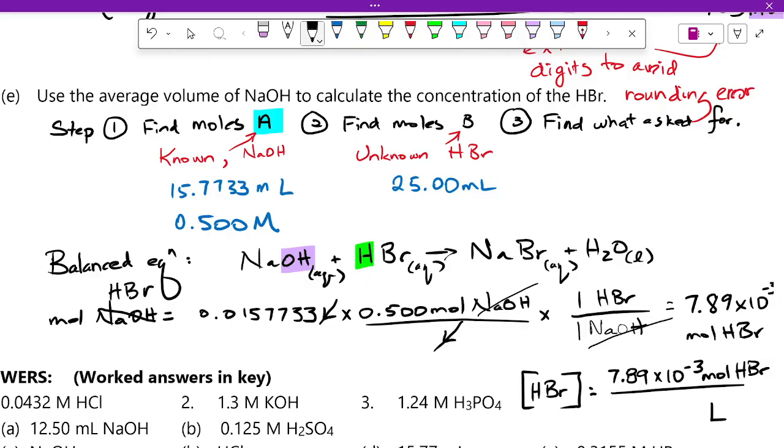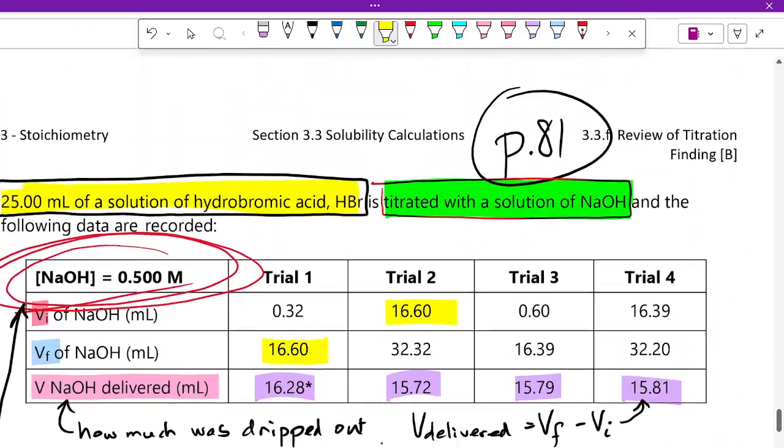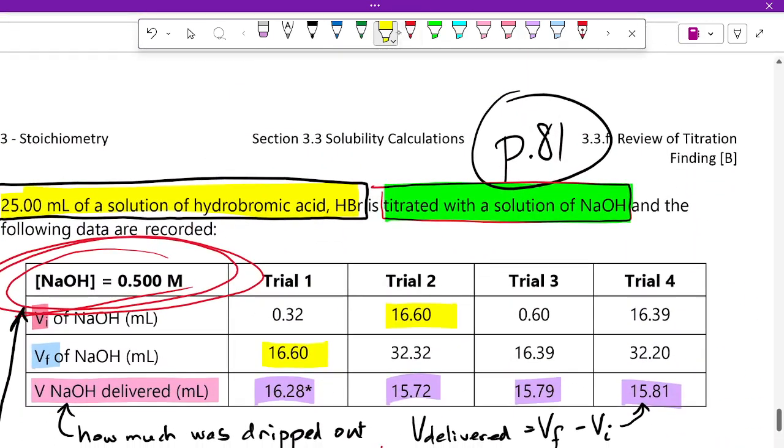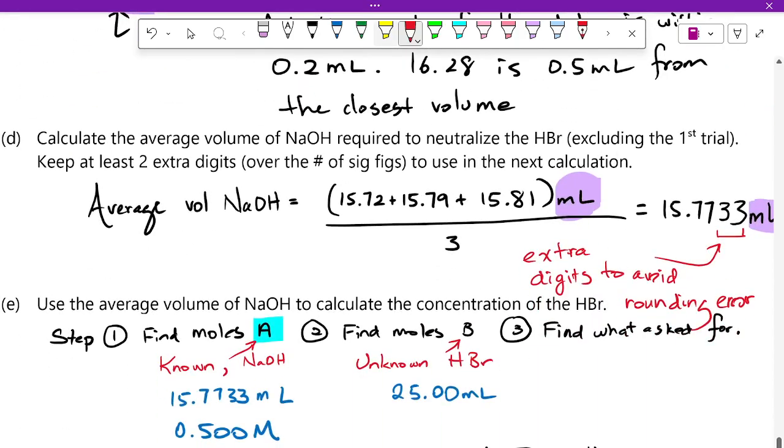I would like to know, we're doing our HBr down here, concentration of HBr. On the bottom, what liters am I going to use? Am I going to use 25 milliliters? Am I going to use 15.77 milliliters?